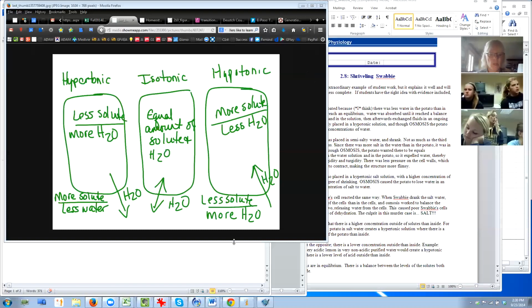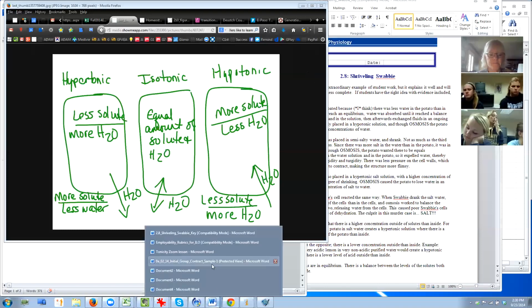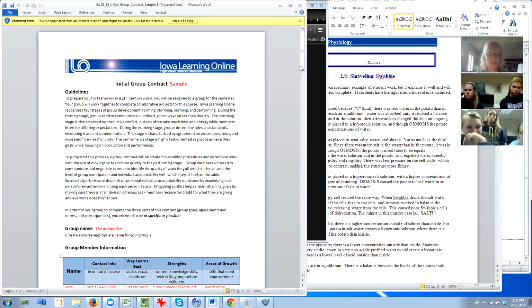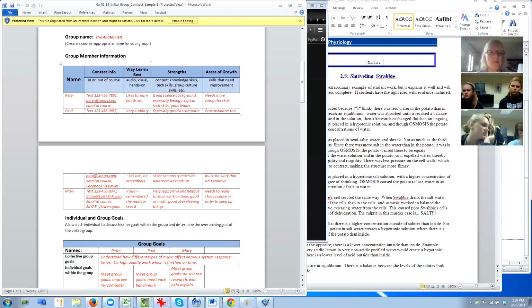So I want to look at that contract. Okay, what I have up there is a contract that is going to show up in lesson 2.14. And the reason I want to show it to you is because you have a wiki with your other 2 members of your team, and the only thing it's going to have in it is what's in black.